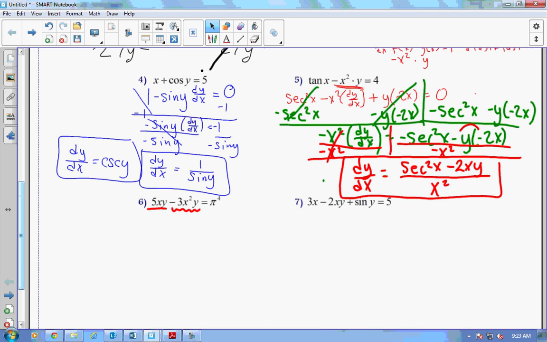Okay. So if they both have it, that means they have it in common. You can factor, right? You can put the quantity times dy dx, negative 3x squared plus 5x. And then you'll be able to finish it.